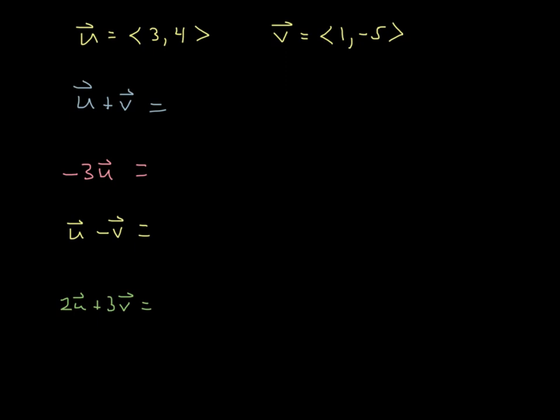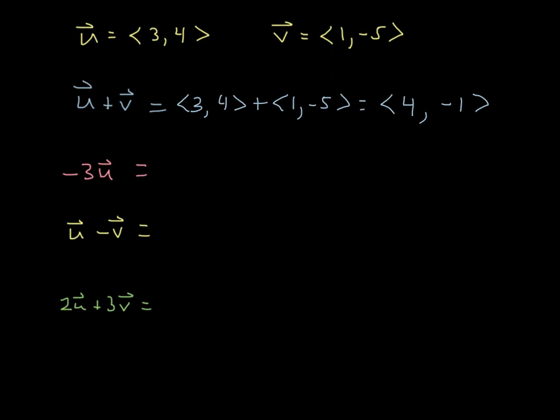So I'm going to have the vector 3, 4 plus 1, negative 5. And what we saw last time, I'm just going to add the first components. So 3 plus 1 is 4. And I'm going to add the second. So 4 plus negative 5 gives me negative 1. So u plus v gives me the vector 4, negative 1.